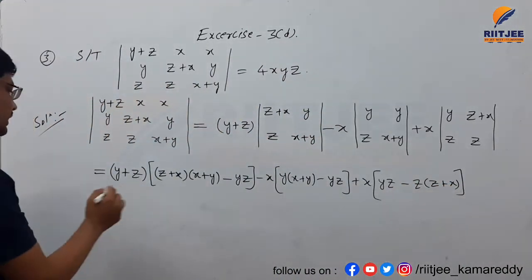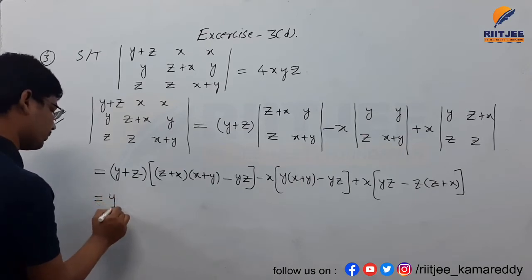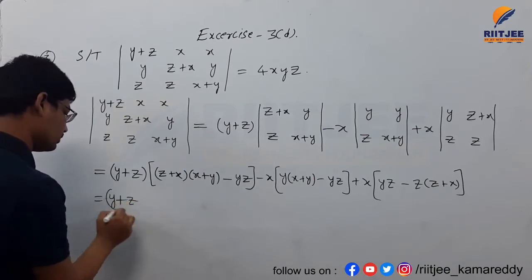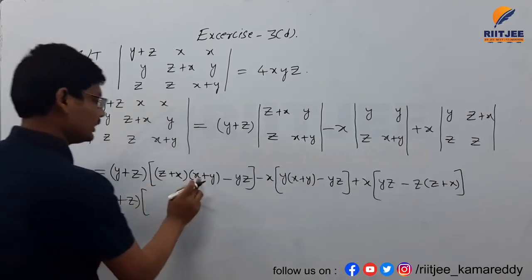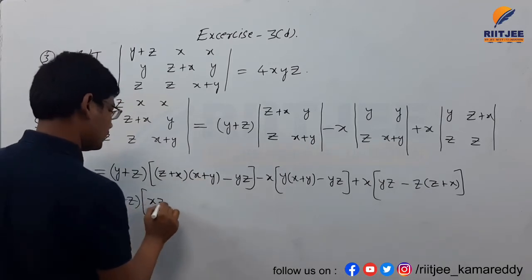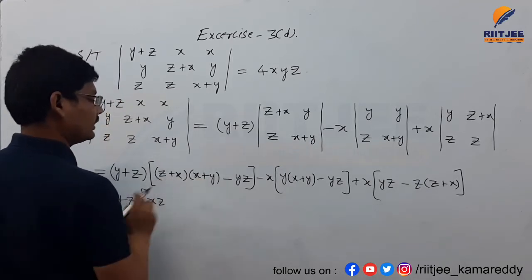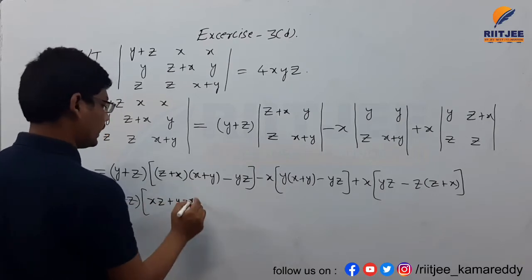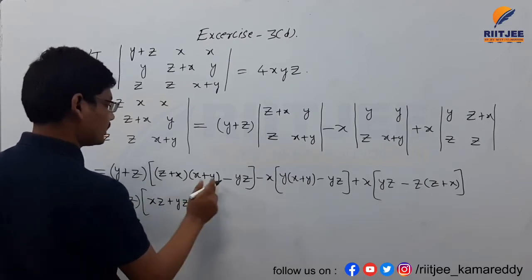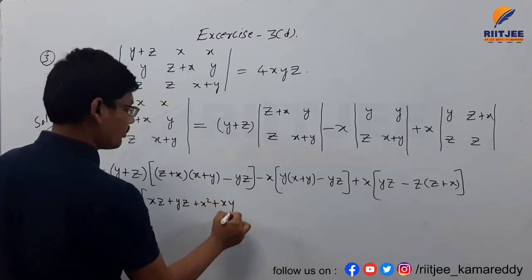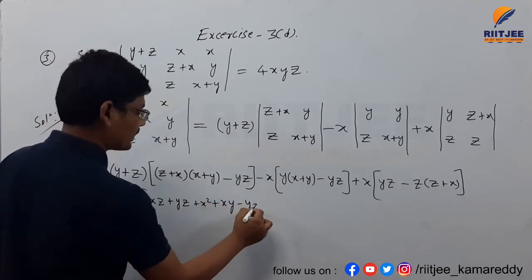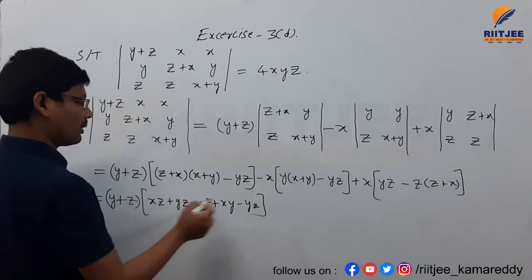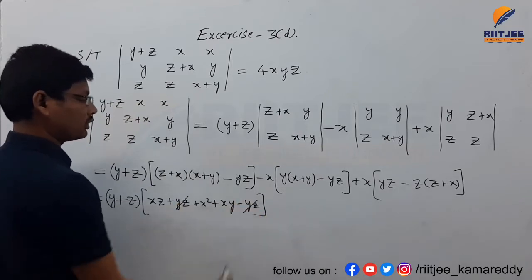Now I am extending the multiplication here: y plus z into x into z, xz, next z into y, yz, next x into x square, next x into y, xy, minus yz. This term is as it is, and if you observe, the yz terms get cancelled.